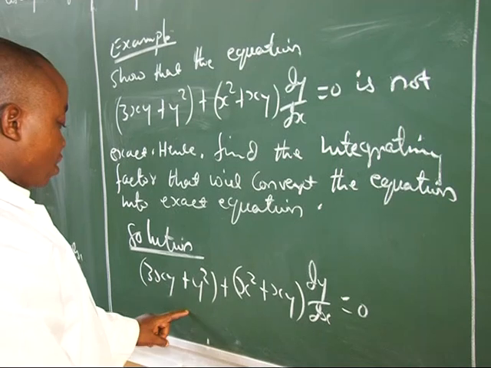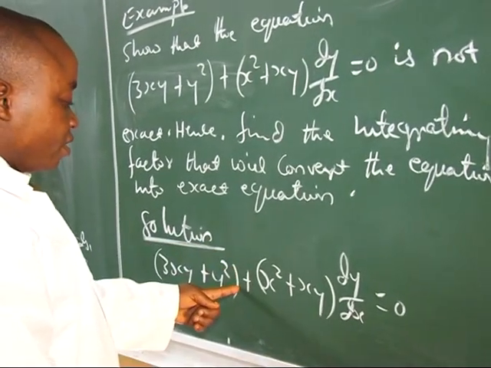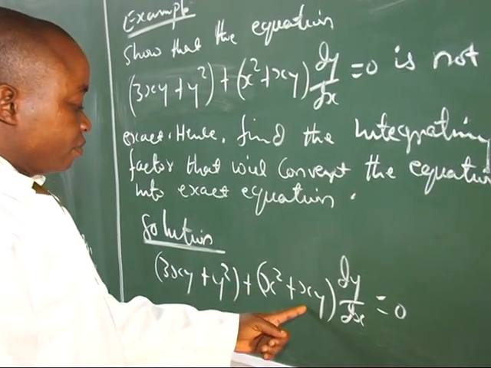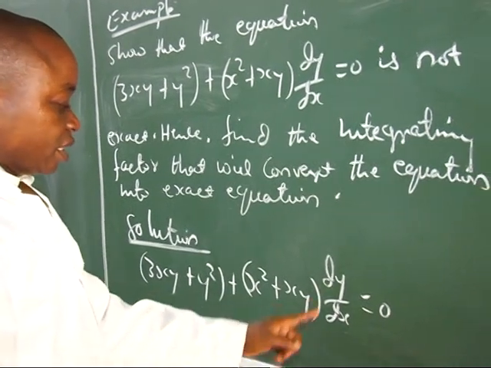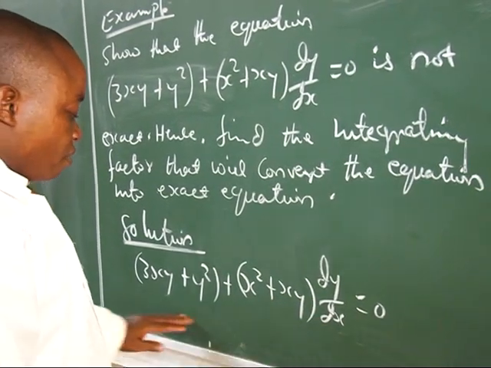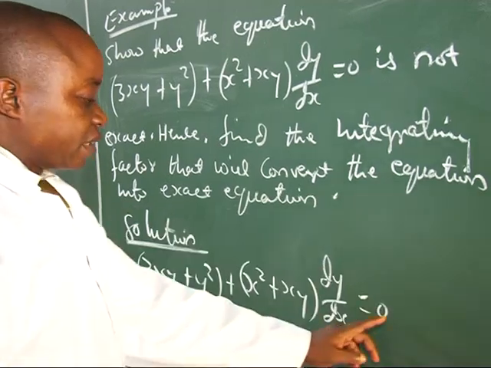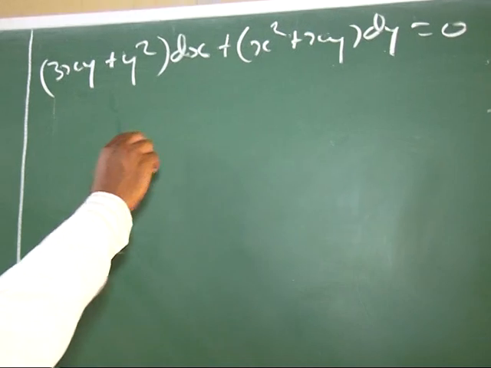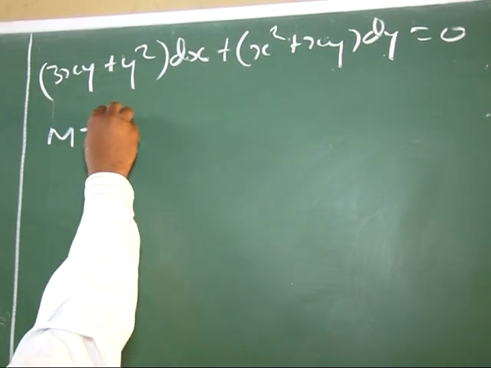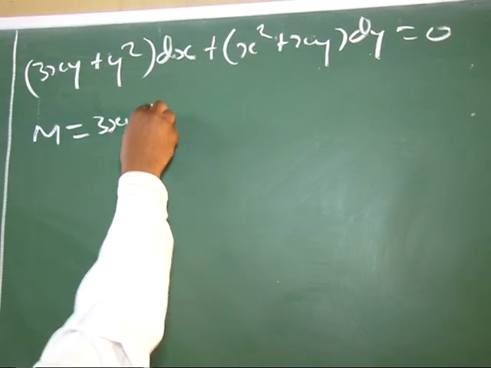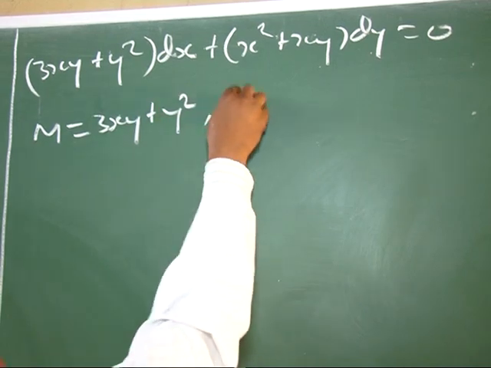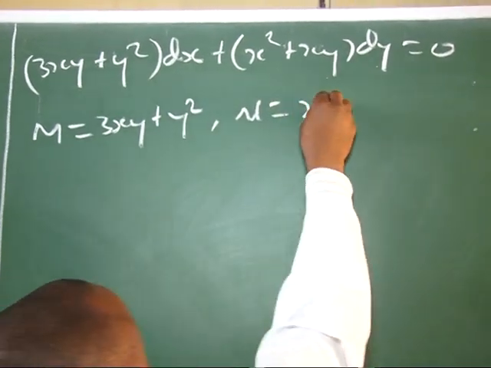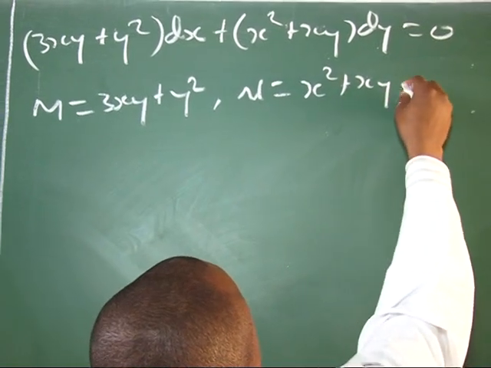Then dx times 1, you have dx here. Then the dx will cancel the dx. You have the dy. Cross multiplying, it times 0. So we have it in the standard form. Now, we see that M is equal to 3xy plus y squared, and then N is x squared plus xy.